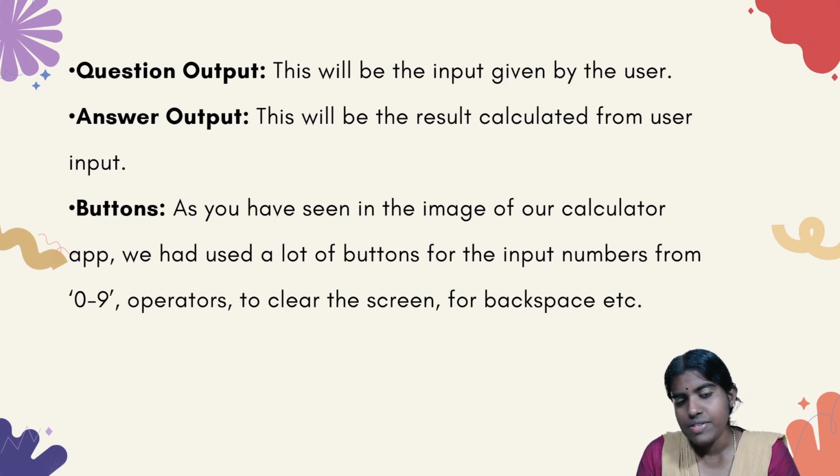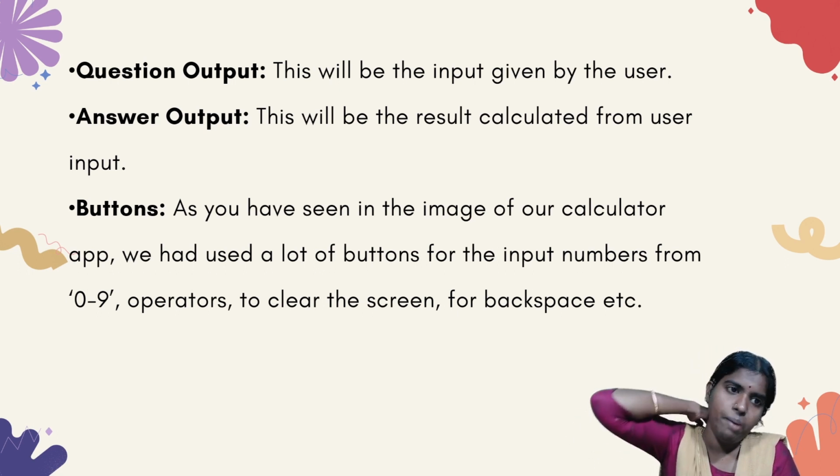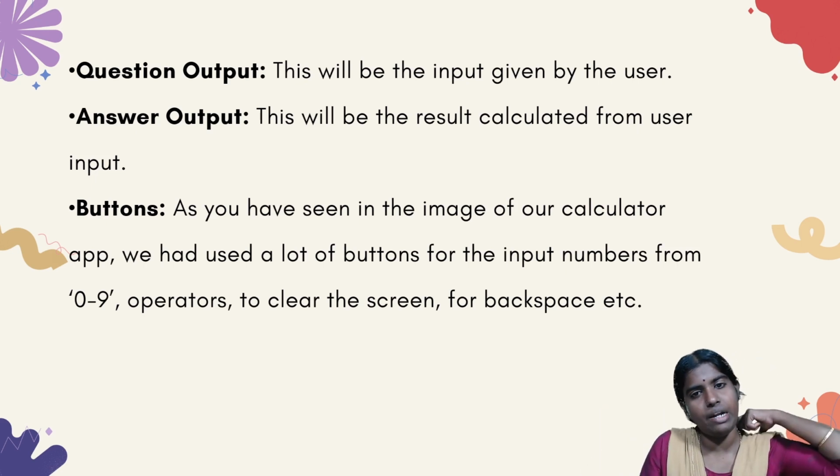And I'm going to have some more buttons. As I have seen in the image of the calculator app, there are a lot of buttons: input numbers from 0 to 9, and operators. I can go for addition, subtraction, multiplication, division, or whenever I want to clear the screen, backspace. All these are the different buttons present in my calculator application.